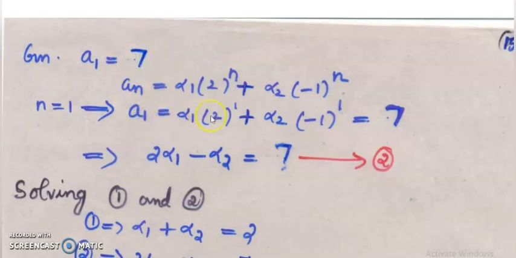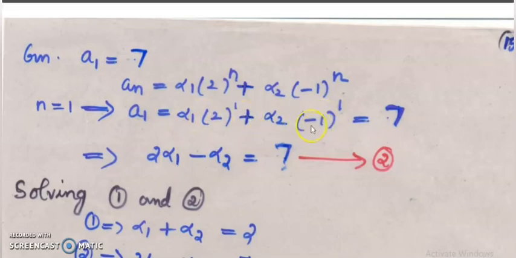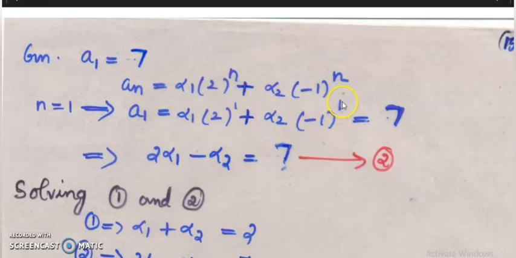So equate A1 to 7 here. Alpha 1 2 power 1 is 2, so 2 alpha 1. Minus 1 power 1 is minus 1, so minus alpha 2 is equal to 7. Now this is equation number 2.